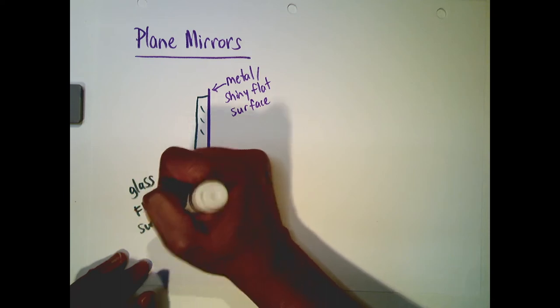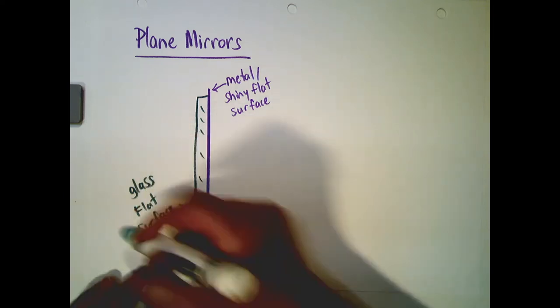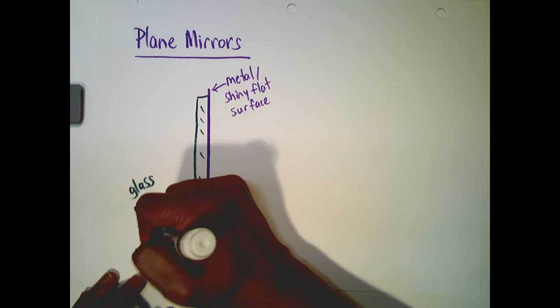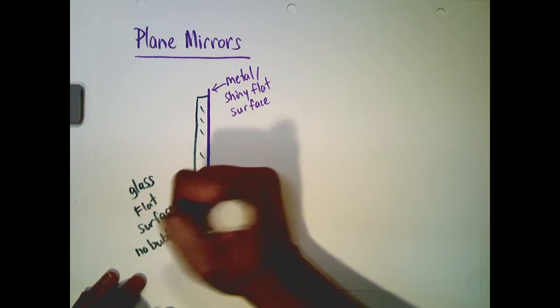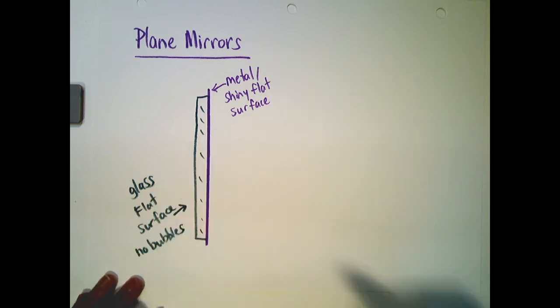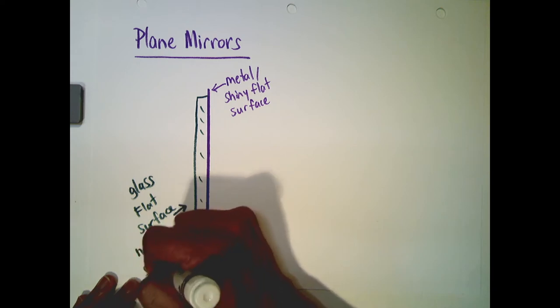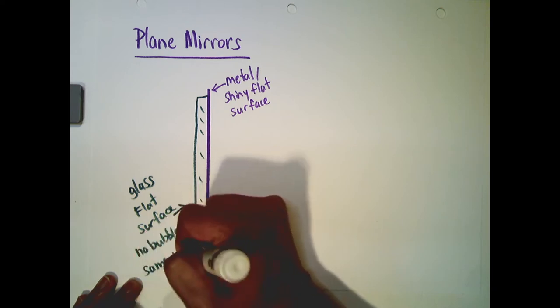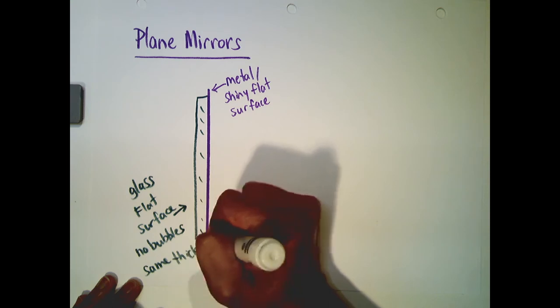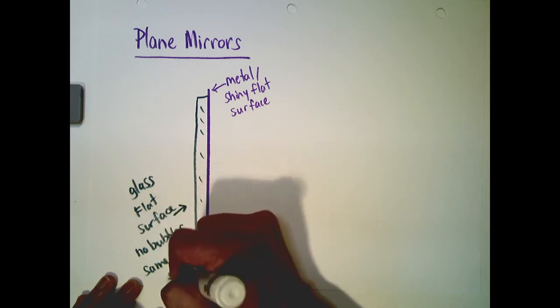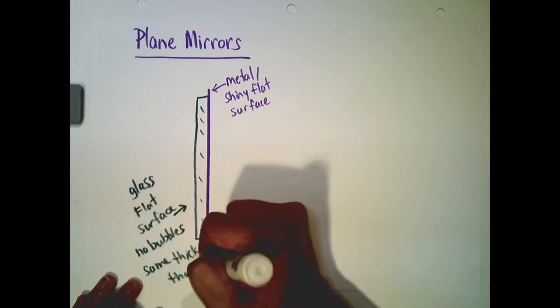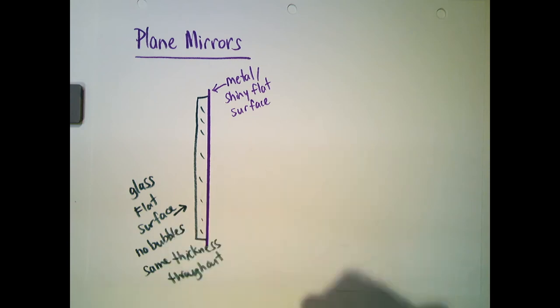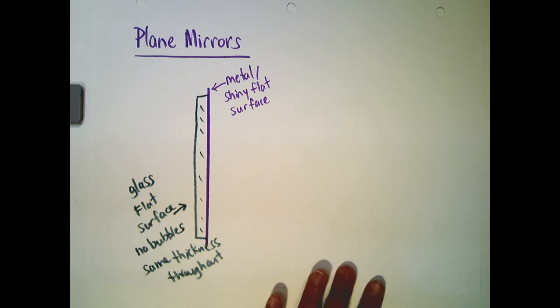If it wasn't flat, then it would be warped. The glass typically has no bubbles, and the same thickness throughout. Perfect. So that is your typical mirror.